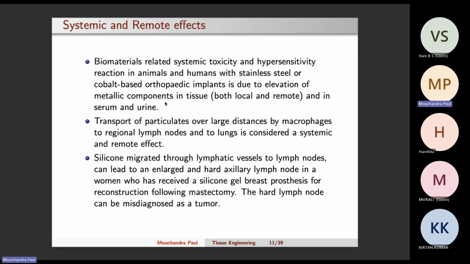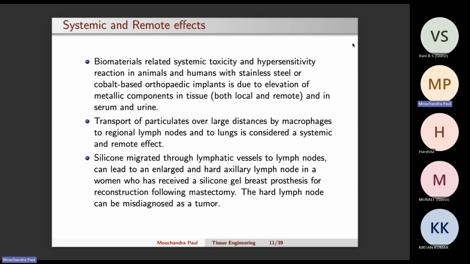If you test the urine or the blood serum, there also you will start finding metal ions or bigger metallic components. That is toxic to us, right? The body is rejecting it, so these components can cause toxicity.